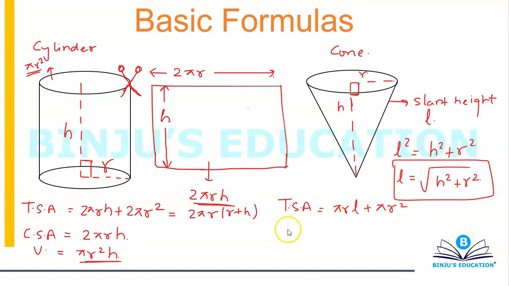The curved surface area is pi r L. The volume is given by 1 by 3 pi r square h, or you can remember it as the volume of the cone being 1/3 the volume of the cylinder having the same dimensions.